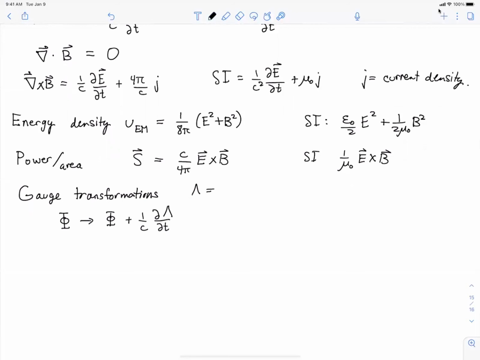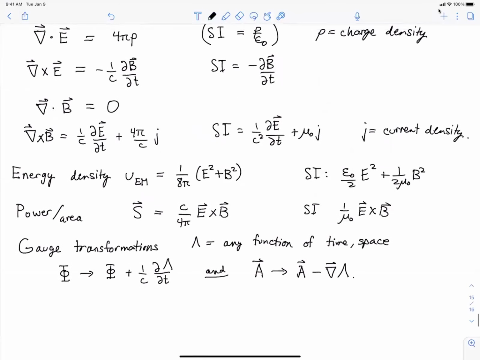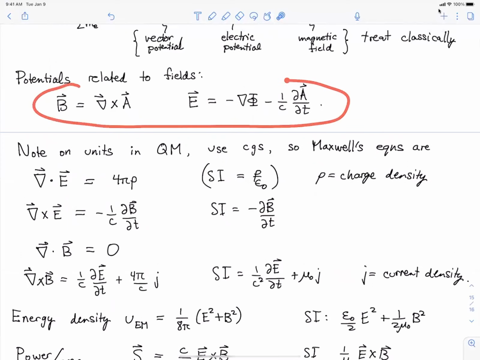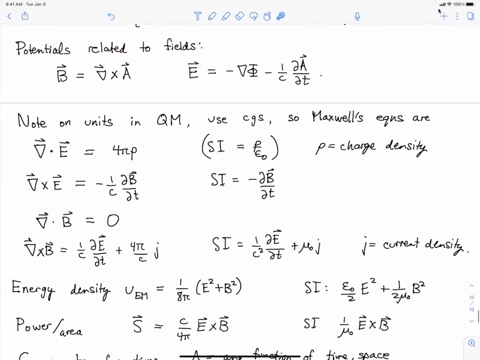So Λ here is any function of time and space, absolutely anything you want, provided that at the same time, you do a corresponding change to the vector potential where you subtract the gradient of that function. As long as you do those two things at the same time, you're okay. No electric fields and magnetic fields change. That's a consequence of these formulas up here. You can just plug into those formulas and check that they don't change if I do a gauge transformation.